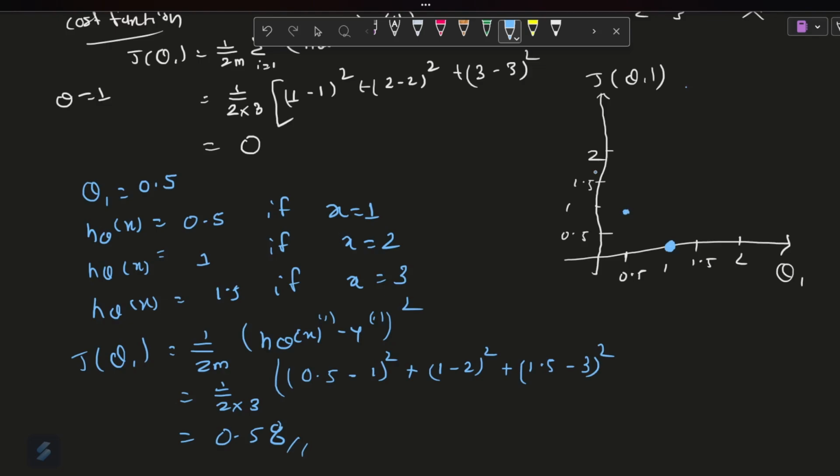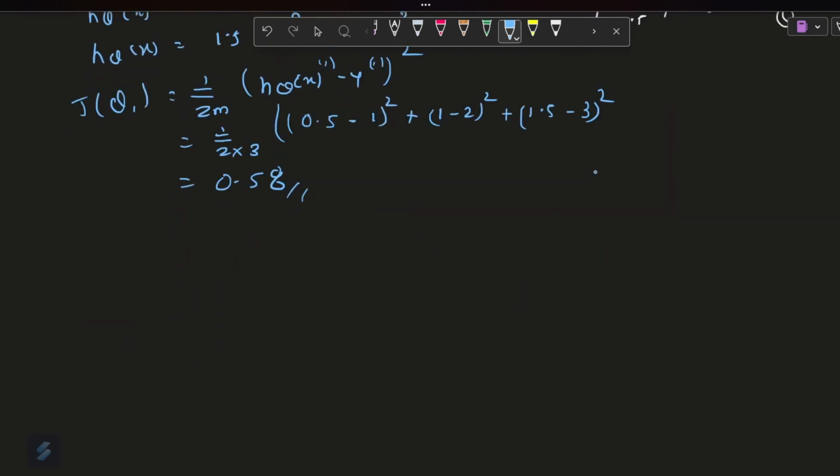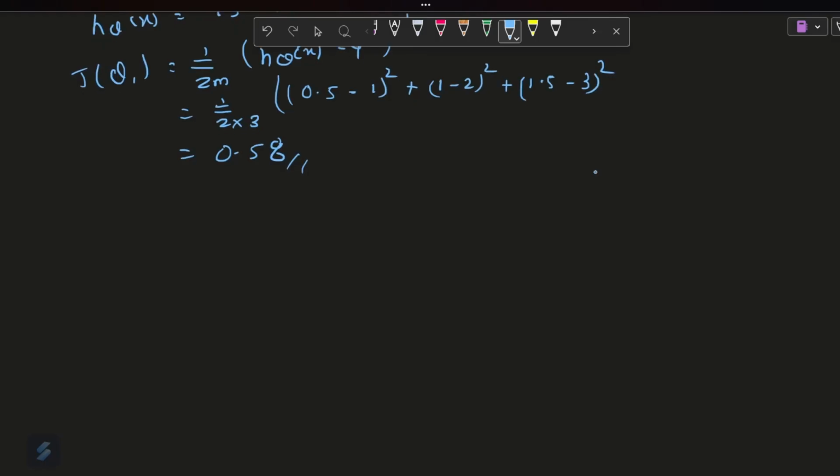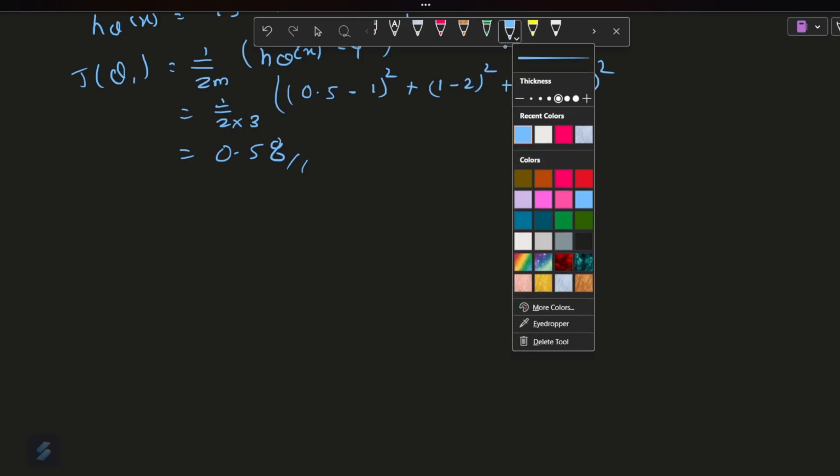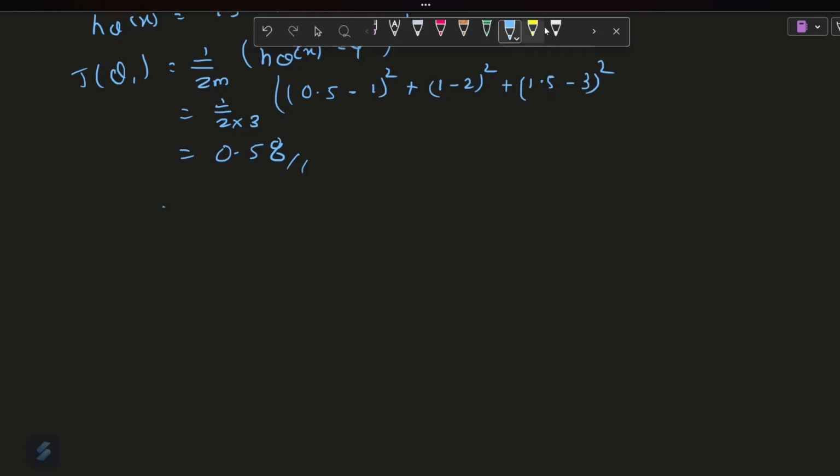Similarly, when we get another theta value, we simply reduce it. Let's consider theta 1 equal to 0, meaning the slope is equal to 0.